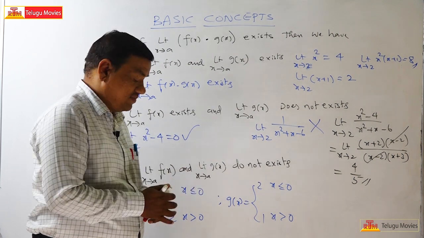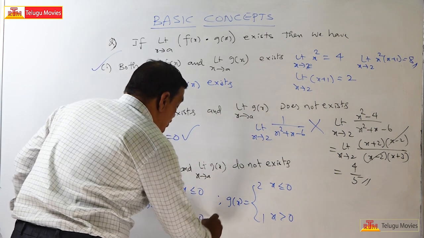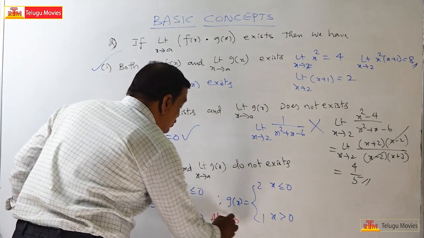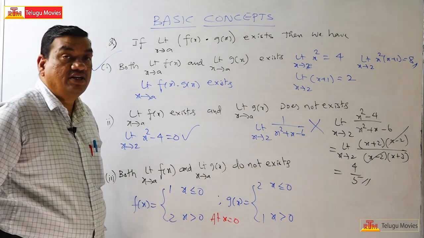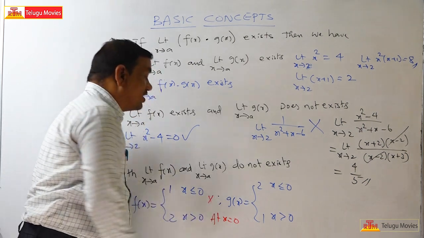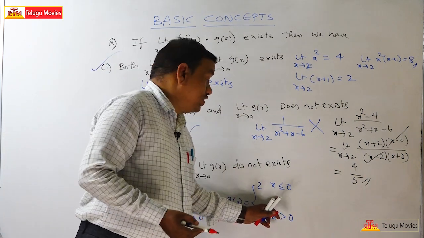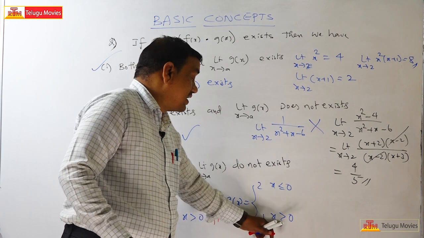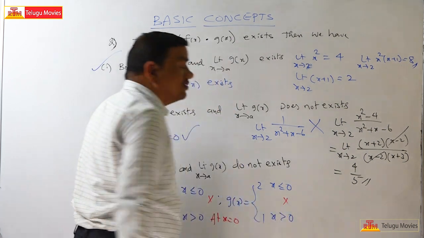So there are two functions. Clearly, at x equal to 0, the left hand limit is 1, the right hand limit is 2. Therefore, it does not exist. Here also at x equal to 0, the left hand limit is 2, the right hand limit is 1, 2 is not equal to 1. It is also not possible.